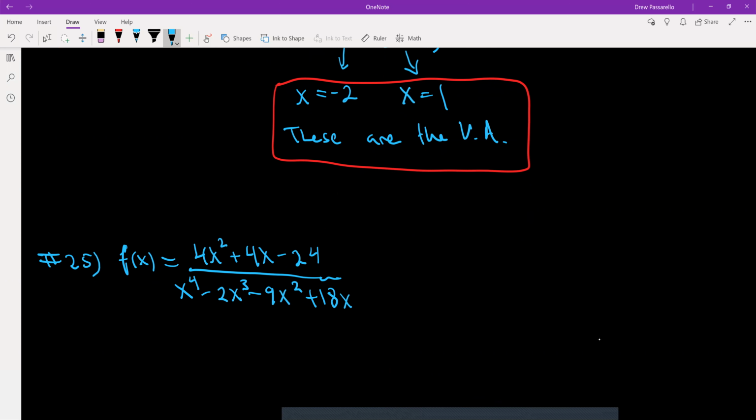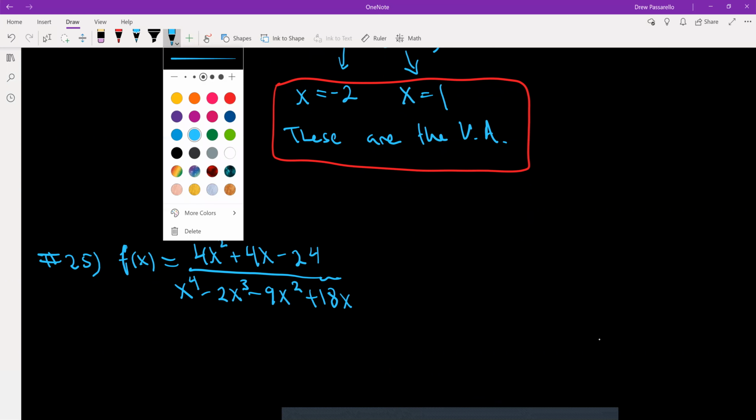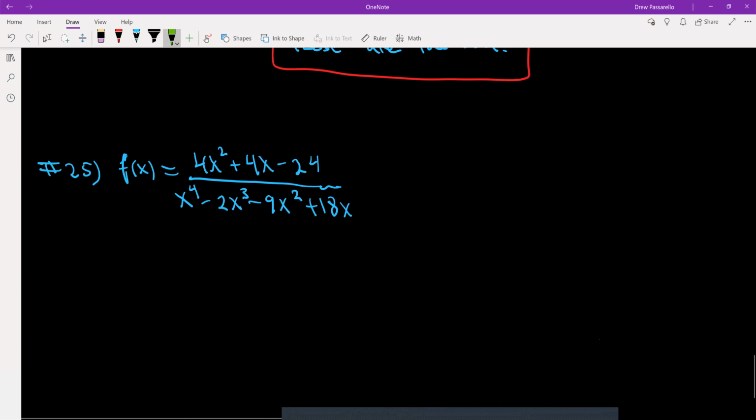All right, so I'm going to go ahead and focus on the denominator for now, and I'll use a different color, because I need to factor. So I'm going to first focus on factoring the denominator.